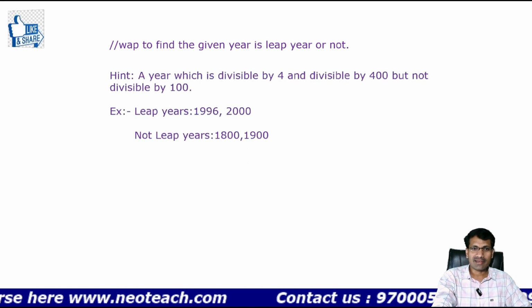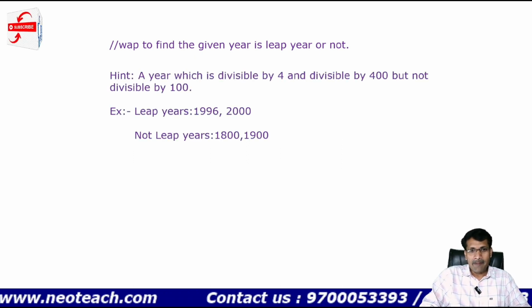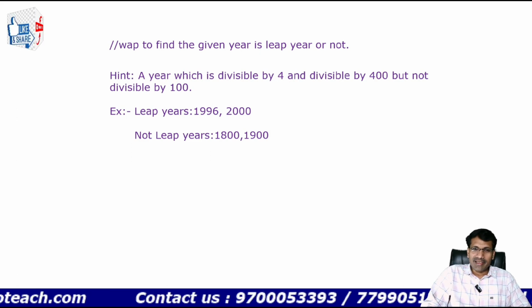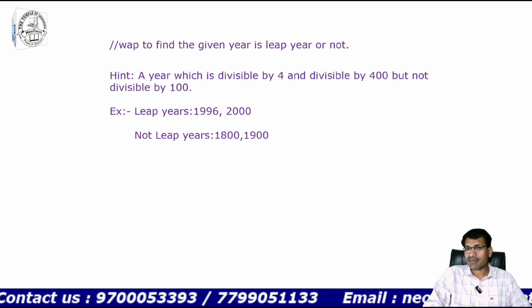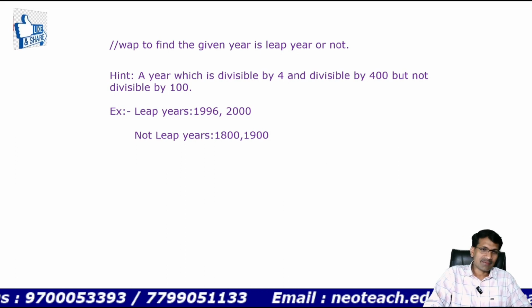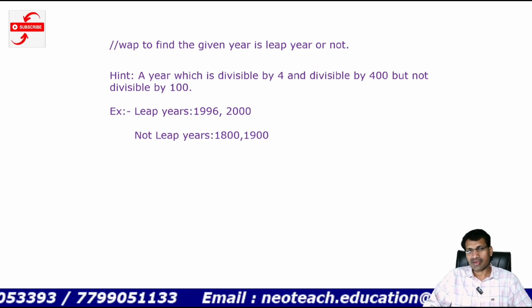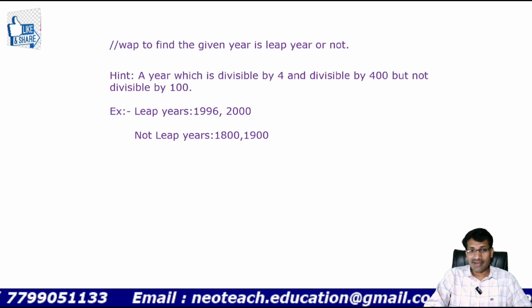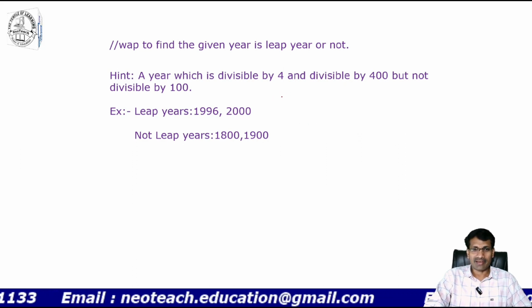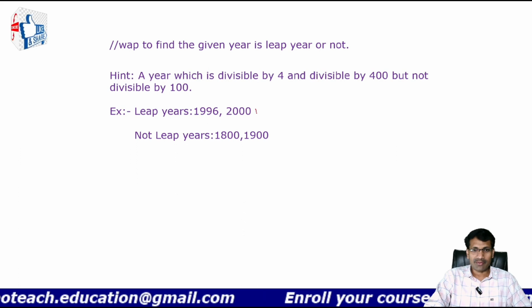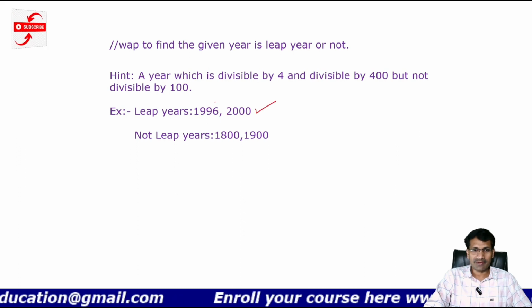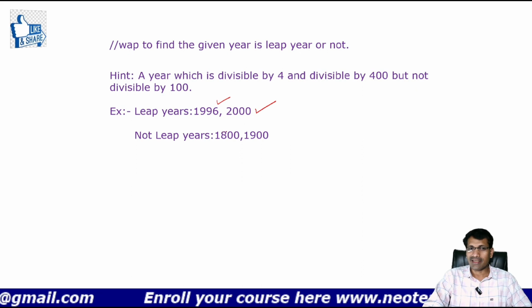So here we will analyze like this. Basically, a year which is divisible by 4 and divisible by 400 but not divisible by 100. This condition is mandatory before writing the code. See, 2000 is a leap year, 1996 is a leap year.